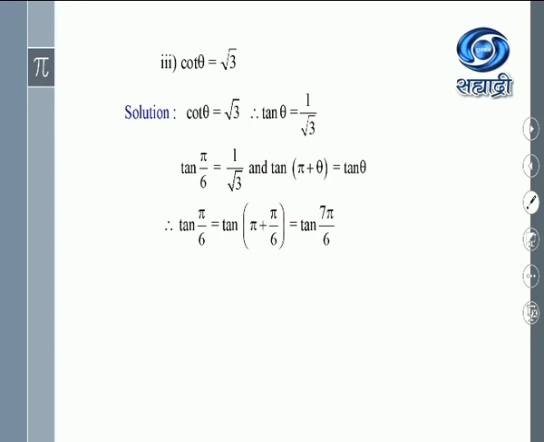Therefore tan pi by 6 is the same as tan pi plus pi by 6, which is equal to, find out the addition, that is 6 pi plus pi, that is tan 7 pi by 6. Clear? So here we are using the rules of allied angles or all STC rule, you may recall.